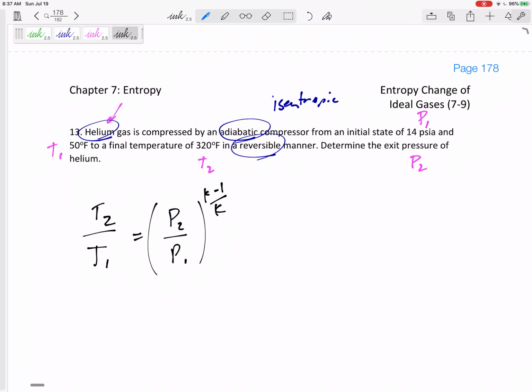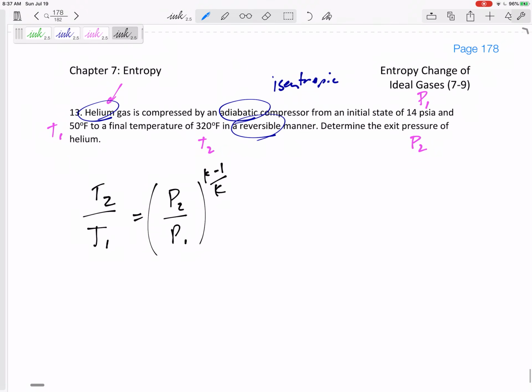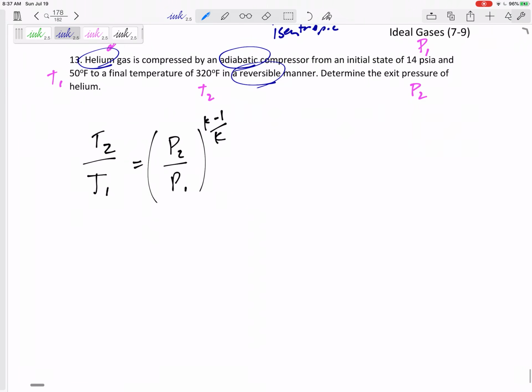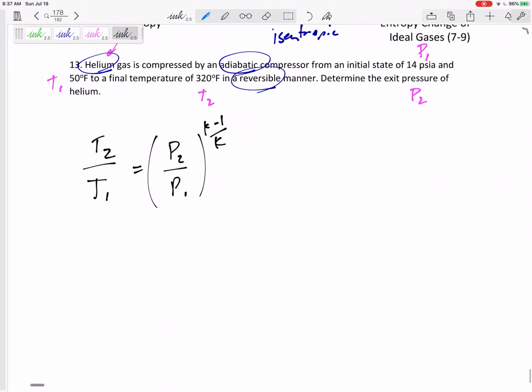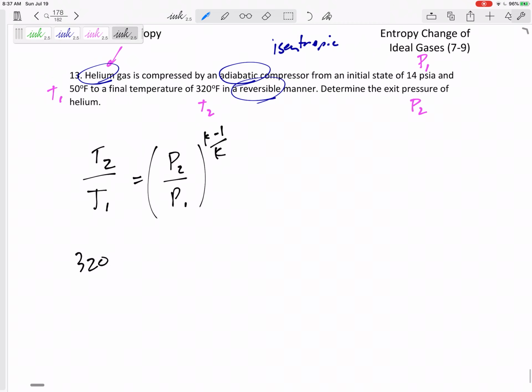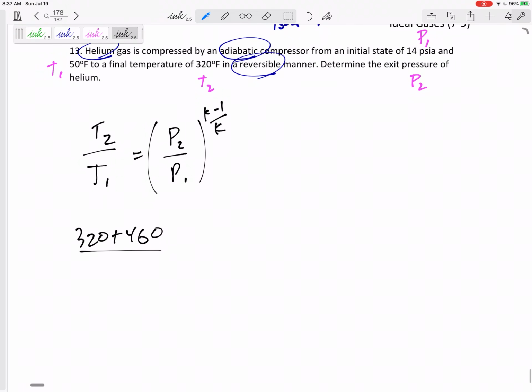Don't get too bogged down in this. We could do this a number of different ways. Let me go ahead and start plugging things in. T2 would be 320, but it has to be absolute temperature, so 320 plus 460.